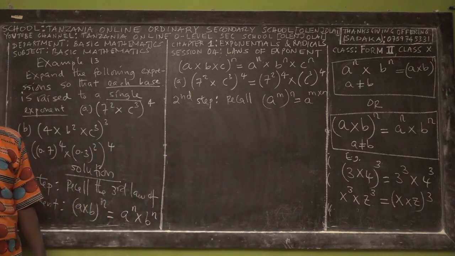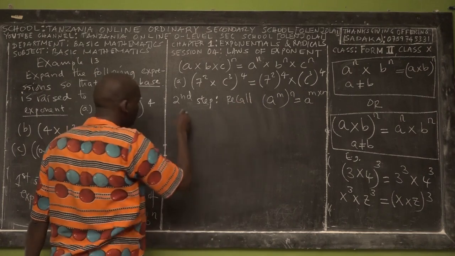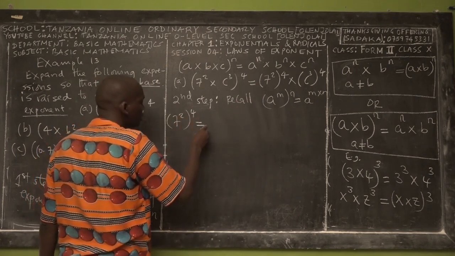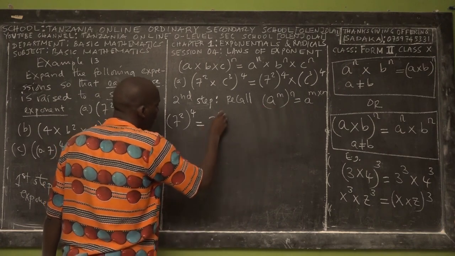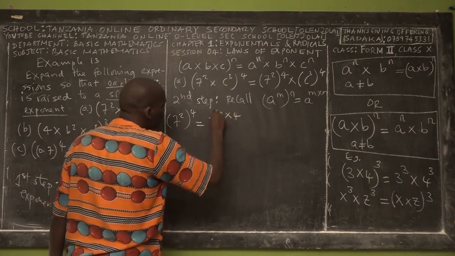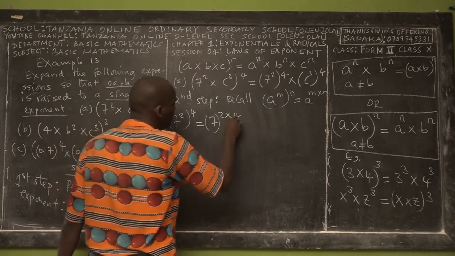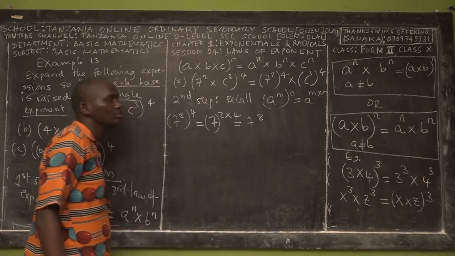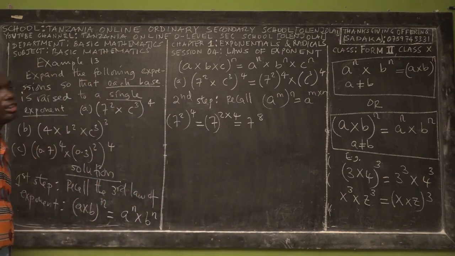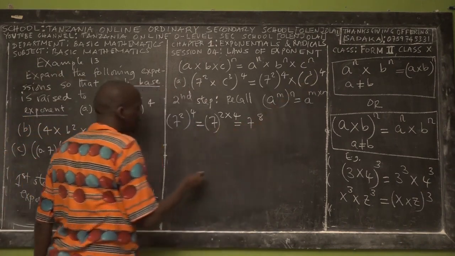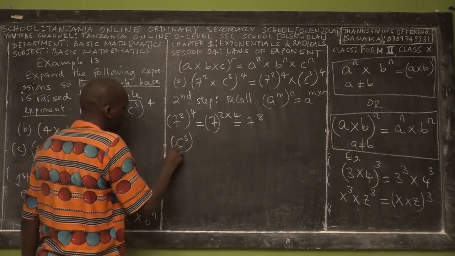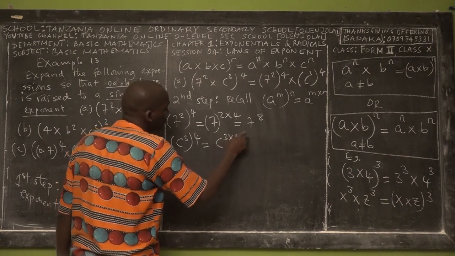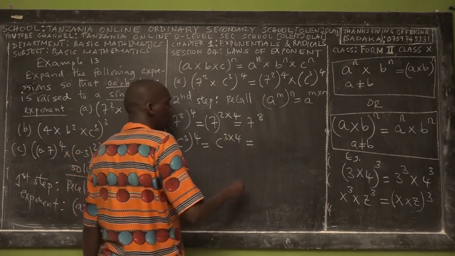Are we together? Yes. So if we start dealing with 7 power 2, then exponent 4, applying this law, it is equal to 7 power 2 times 4. 2 times 4 is 8. So 7 power 8. If we take c power 3, but outside you have exponent 4, this is equal to c power 3 times 4. 3 times 4 is 12.